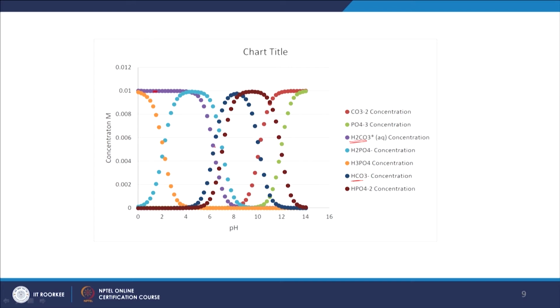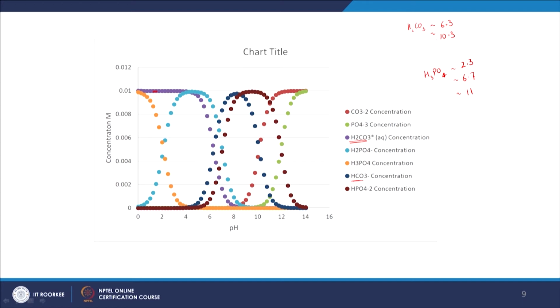Obviously the point at which both the concentrations are equal is going to be the pKa 1. For your H2CO3 system, what are the pKa values? The first one is 6.3, the second one is around 10.3, and what is it for your phosphoric acid system, H3PO4? It should be around 2.3, 6.3 or 6.7, I am not sure, and then I think around 11. These are approximate values.